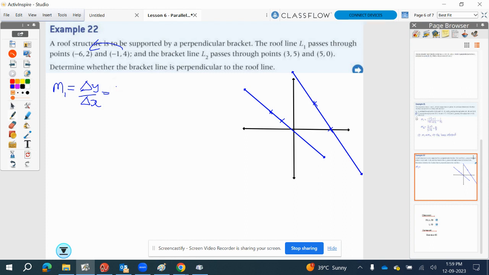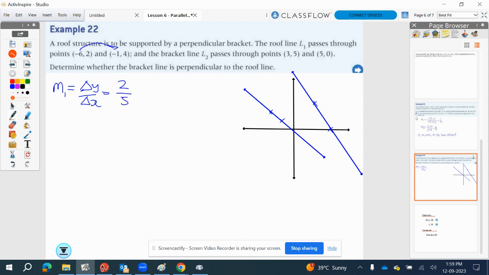Let me not confuse you. Let's start with this one, because this is the smaller x value going to that one. So the y value goes up by 2, the x value goes up by 5.